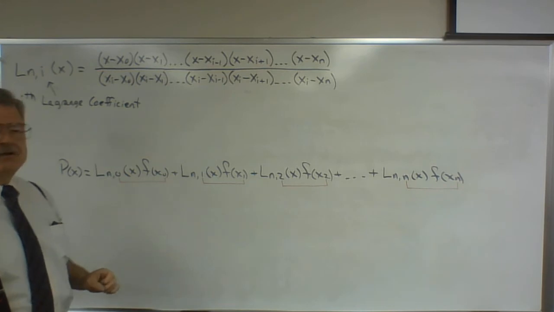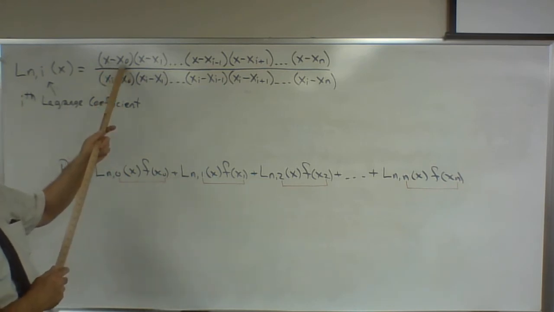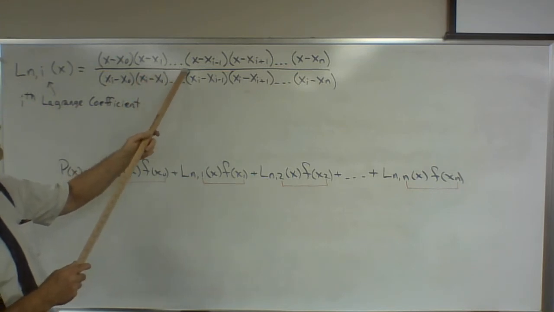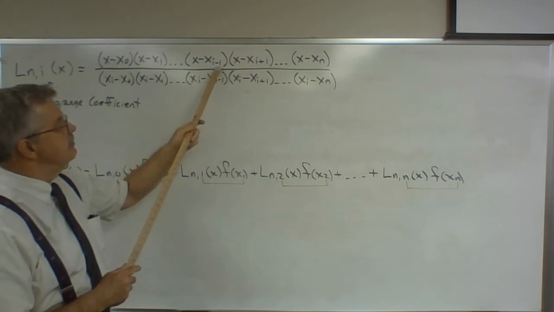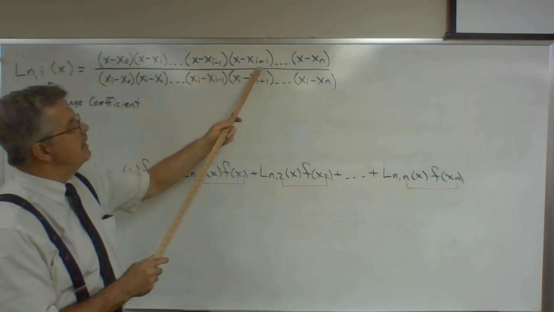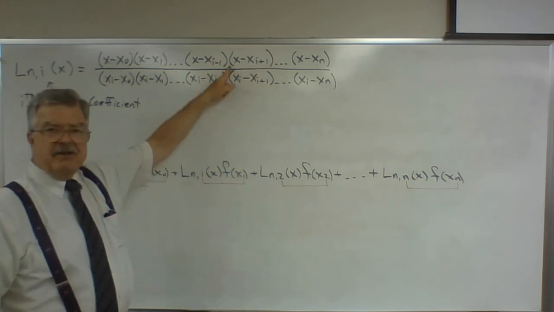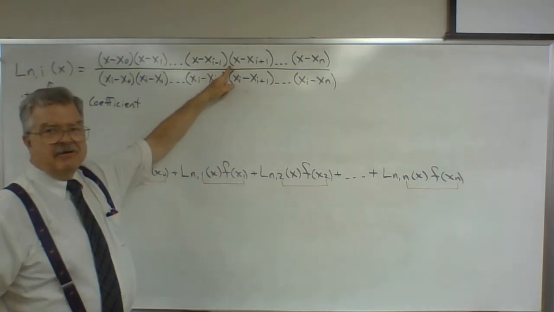Let's see if we can discern a pattern. x minus x0, x minus x1, dot, dot, dot, all the way up to x minus x sub i minus 1 times x minus x sub i plus 1. Did you notice that? Right here, we're missing one factor.